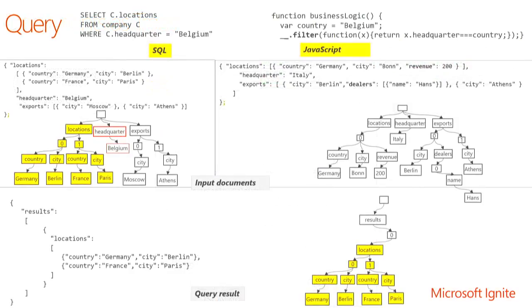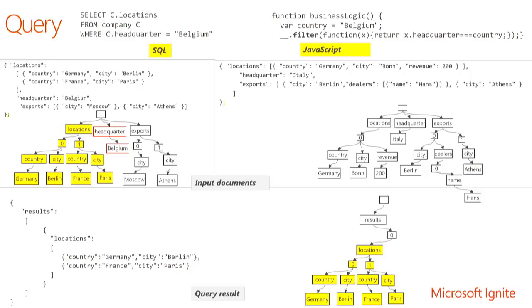Now, if we take a couple of these documents and merge these two into a tree, we have our index on the collection. And the way you then navigate, let's say I have a query up here where I got two sample documents. Each of them have a set of locations, a headquarter property, and some exports.